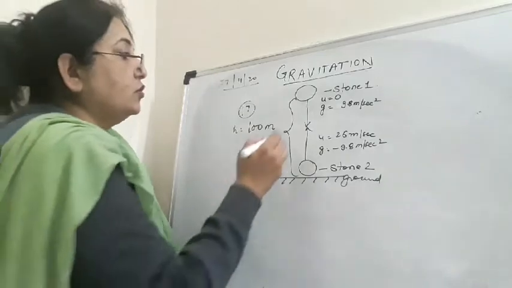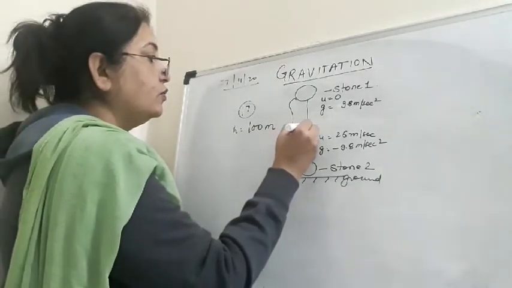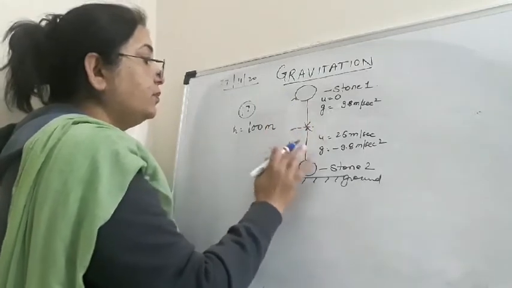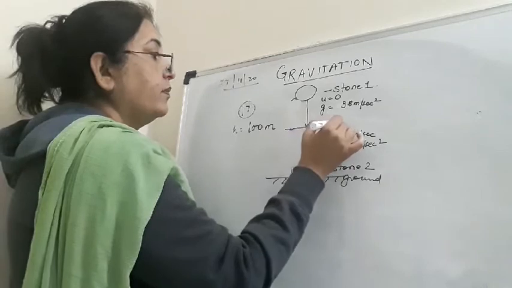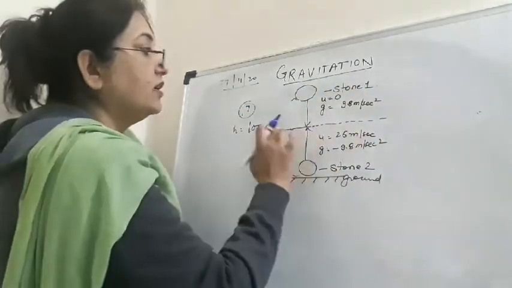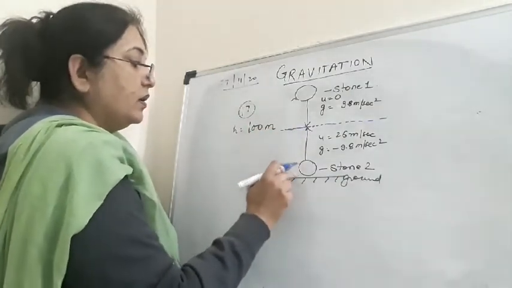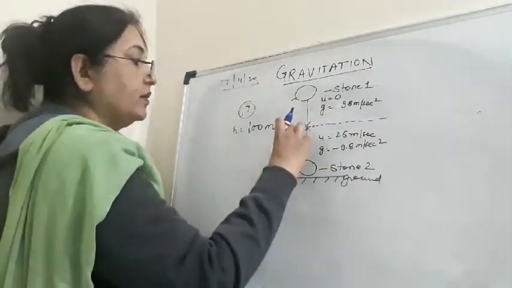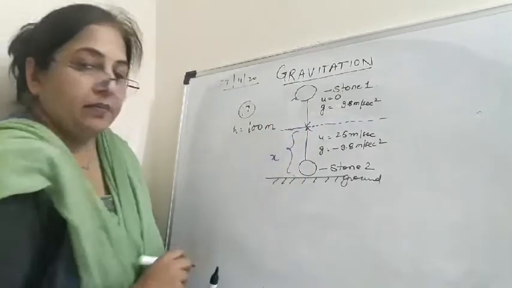Now let us assume that this line I am going to draw is the point at which the two stones meet, and let this distance from the ground be x.